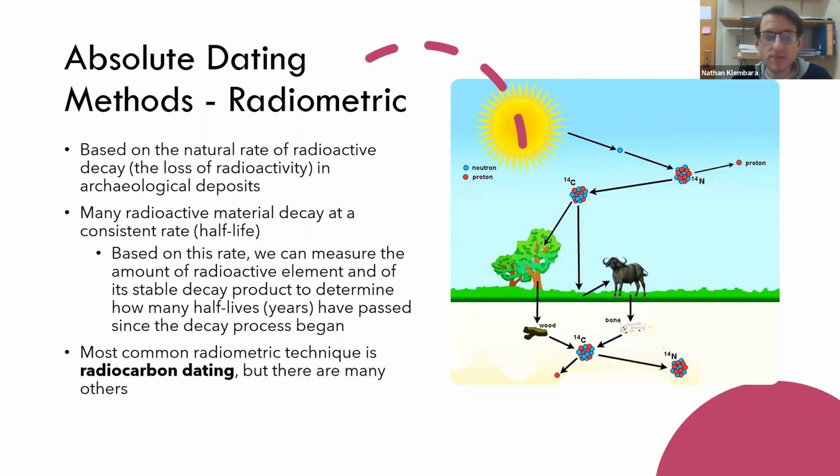So what we can do is measure the amount of radioactive element and the amount of its stable decay product to determine how many years have passed since the decay process began, right? So the most common dating method of this is C14 dating. So you look at how much C14 versus C12, which are two different variants of carbon, are in a material.